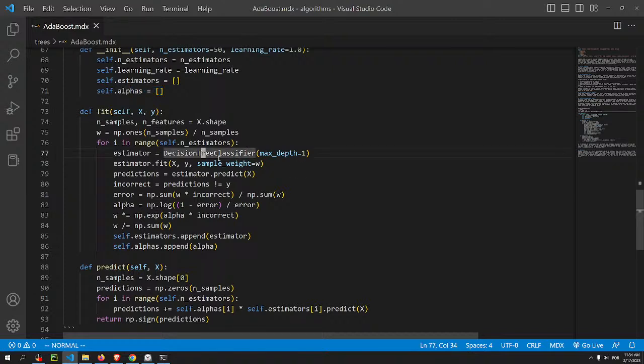So this uses a decision tree classifier as the weak model. Then it fits the data with the decision tree and predicts, different than y, which is the testing.